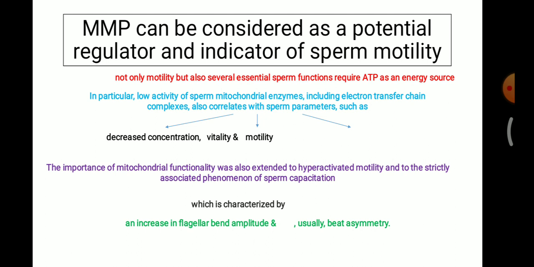The importance of mitochondrial functionality also extends to hyperactivated motility and to the strictly associated phenomenon of sperm capacitation, which is characterized by an increased flagellar bend amplitude and usually beat asymmetry.